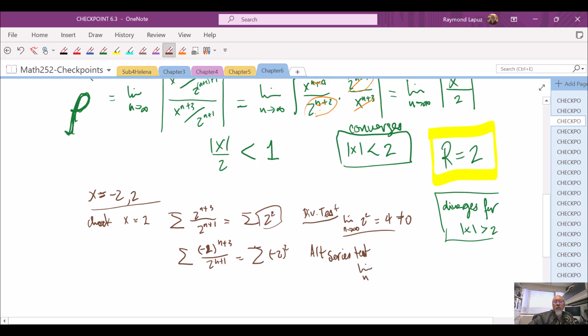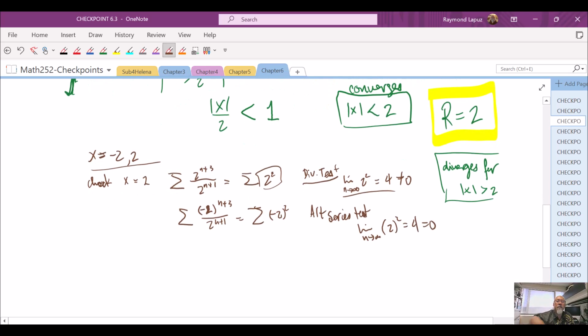You take the limit as n goes off to infinity of 2 squared or negative 2 squared. Oh, I think you want the absolute value of that, so it's just positive 2 squared. And if that limit does not equal 0, then you're pretty much done. So they both diverge.